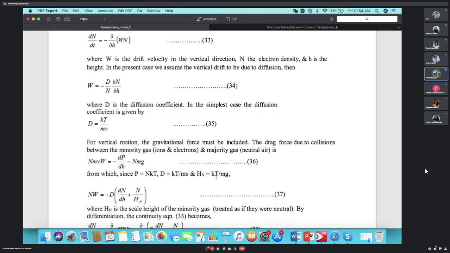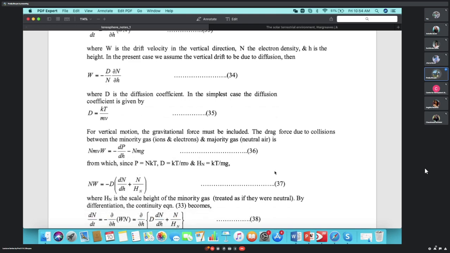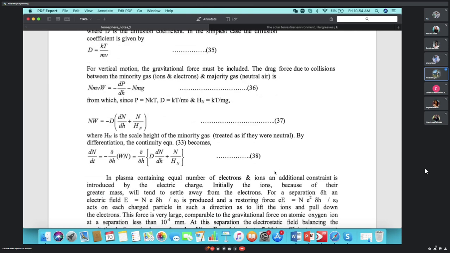Temperature will change at thermospheric heights. The mass is different. So to make it clear, we are putting a subscript n here, so that we do not confuse this H with the H of the neutral gas. When the low atmospheric processes were discussed, you definitely learned what scale height is.